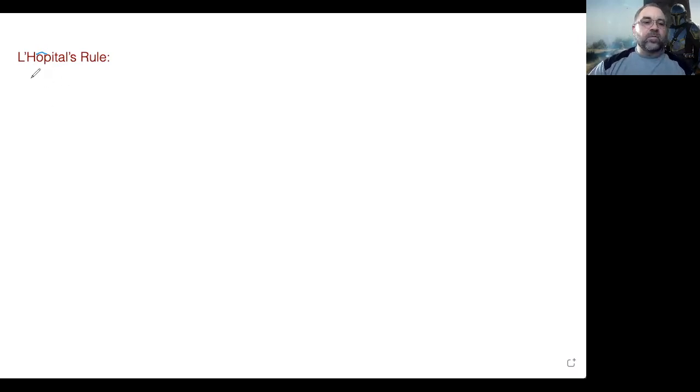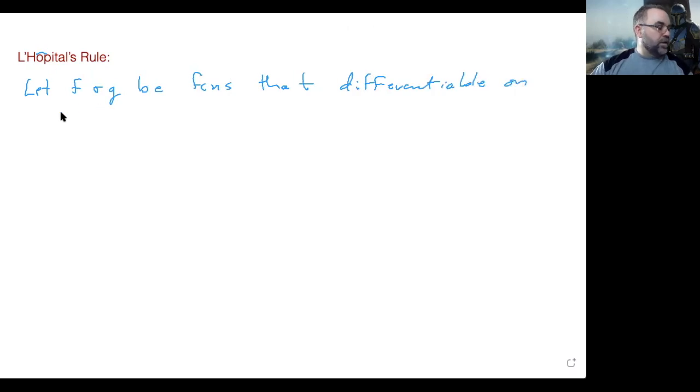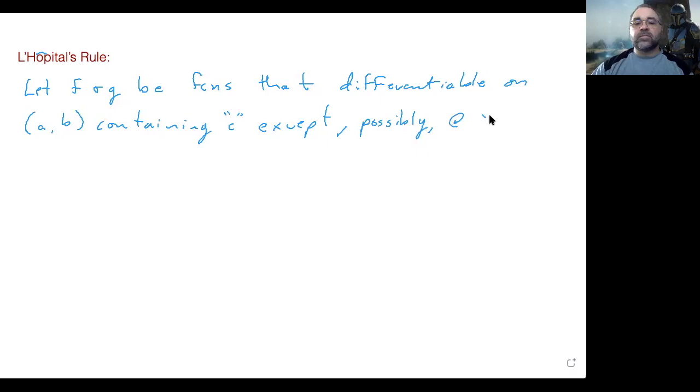L'Hopital's rule says this. Let f and g be functions that are differentiable on an open interval (a, b) containing c, except possibly at c.